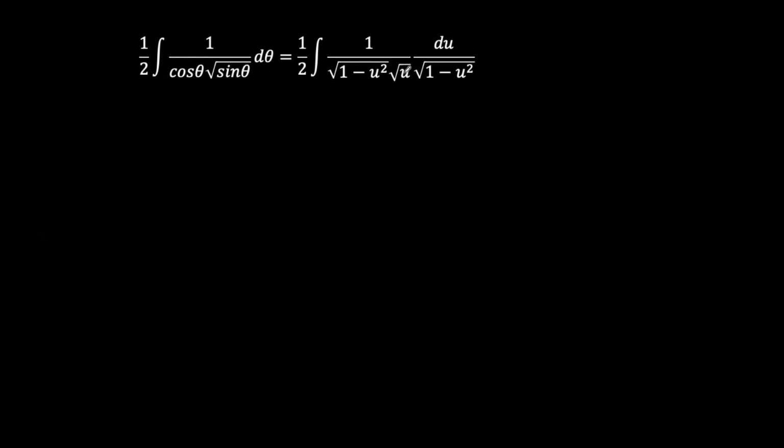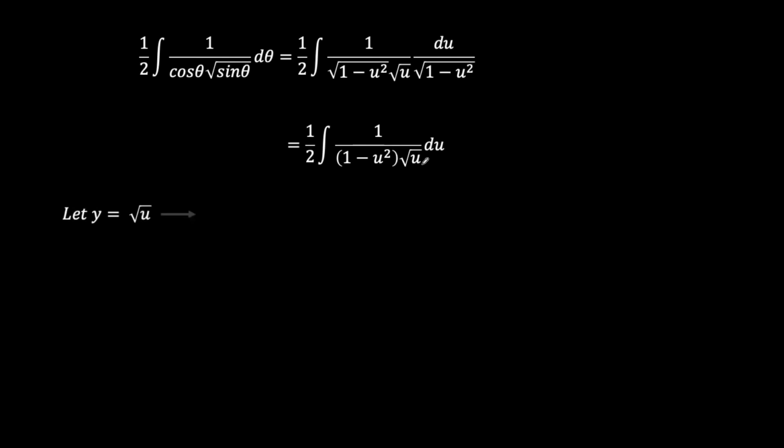In place of sine theta, we have u. In place of d theta, we have du over square root of 1 minus u squared. So these times this results in 1 minus u squared, and we're left with square root of u there.